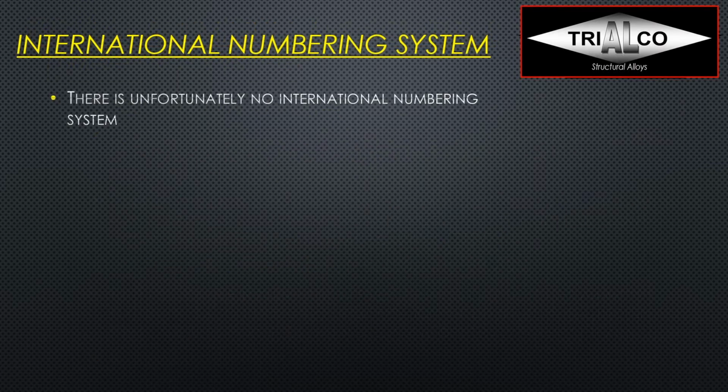So now let's have a quick look at international numbering systems. There is unfortunately no real official international numbering system that everybody is referring to. Really, every country or every continent has a different one.